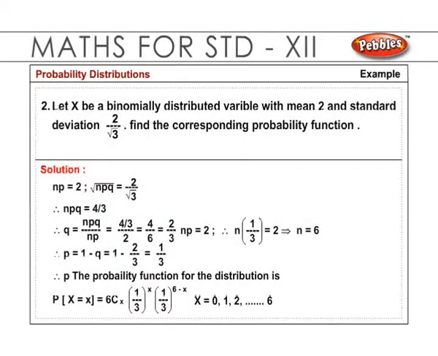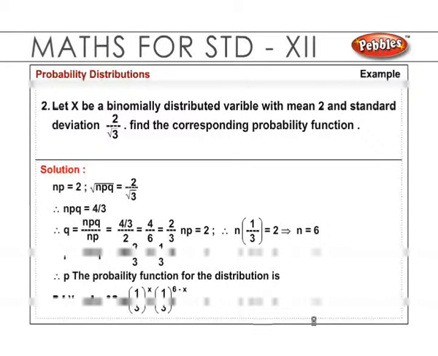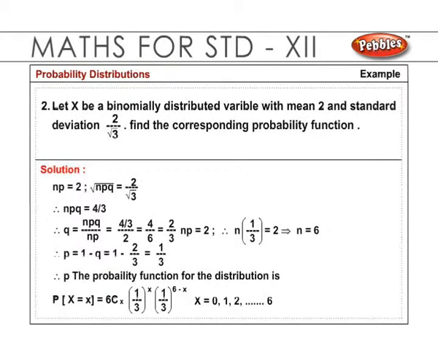P plus q is equal to 1. P is equal to 1 minus q is equal to 1 minus 2 by 3 is equal to 1 by 3. And np is equal to 2, so n of 1 by 3 is equal to 2. Cross multiplying, n is equal to 6. The probability function for the distribution is obtained as shown, where x is equal to 0, 1, 2 up to 6.